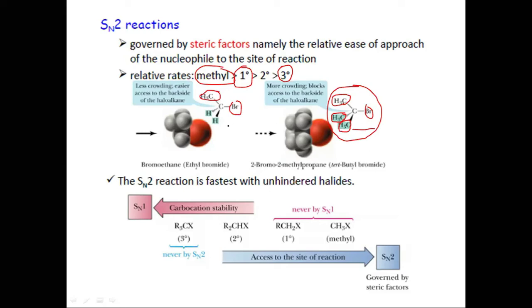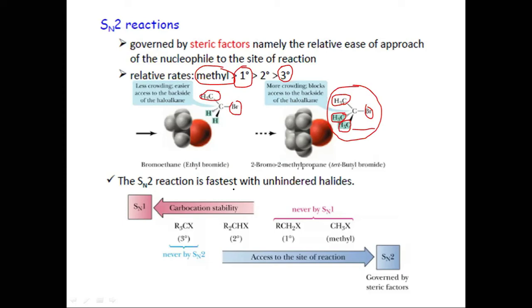So one can easily notice how the steric factor influences whether the reaction proceeds via SN1 or SN2. In SN2 fashion, you need less steric interaction towards the nucleophile, because the nucleophile needs to approach from the backside and the leaving group needs to leave from the front side.